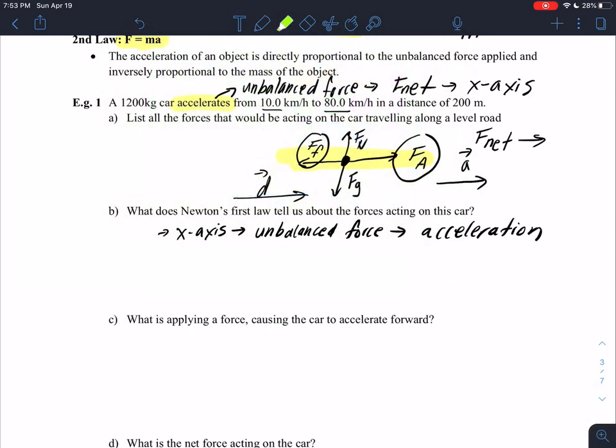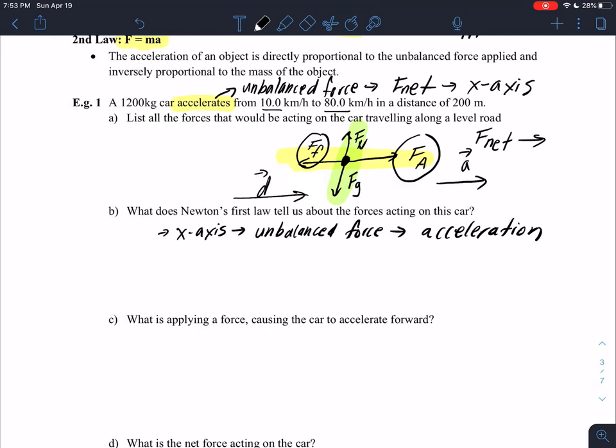The y-axis is also interesting because we can look at this as well. I have a normal force and a gravitational force, and the car is traveling along a level surface. It's accelerating to the right, but it's not actually moving anywhere along our y-axis. So it's not going up, it's not going down.